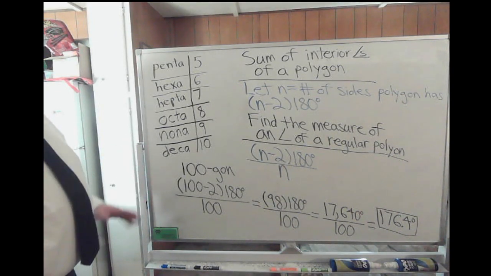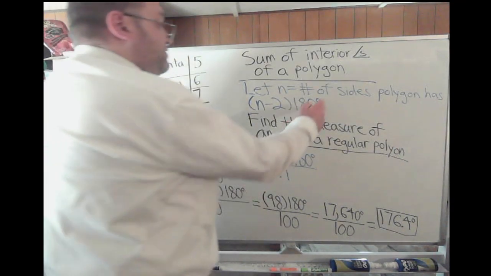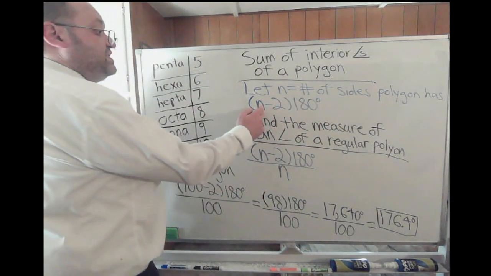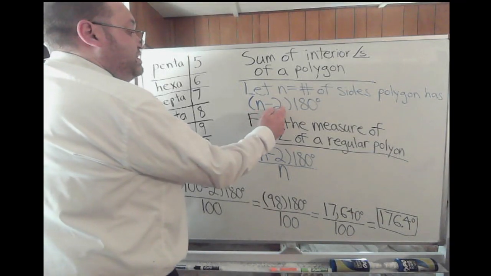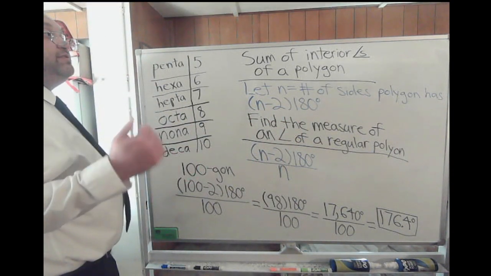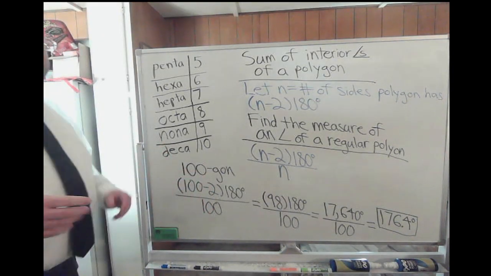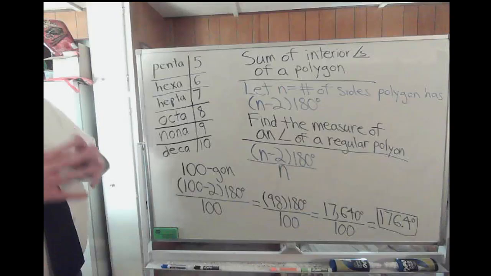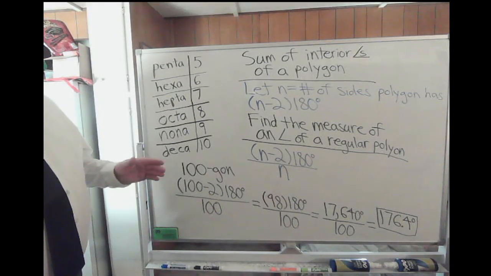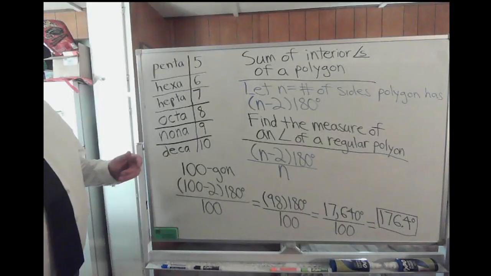And then to find the sum of the interior angles of a polygon, you just take the number of sides that you have minus 2. You take the whole quantity, multiply it by 180. You'll get the sum of your interior angles of a polygon. Then we talked about regular polygons, which, if they're regular, that means they are equilateral and equiangular.